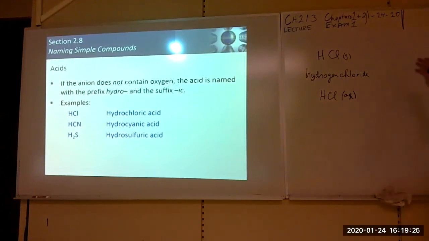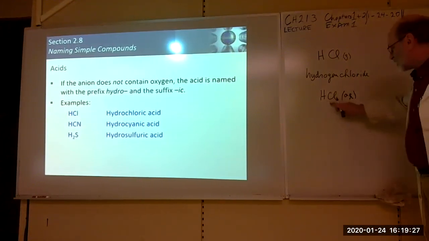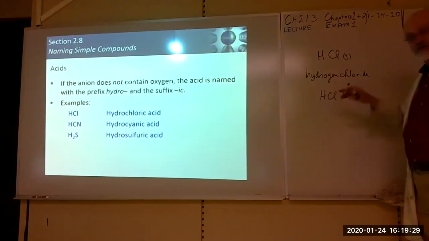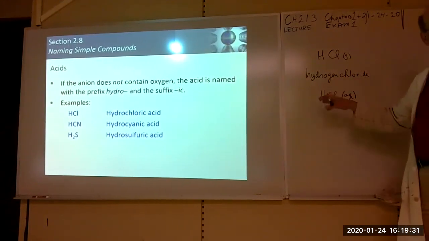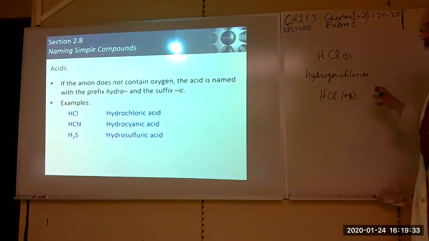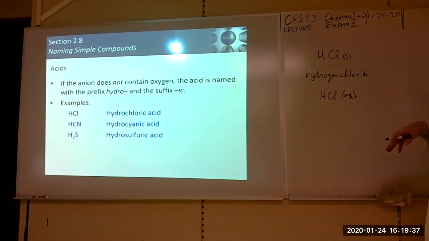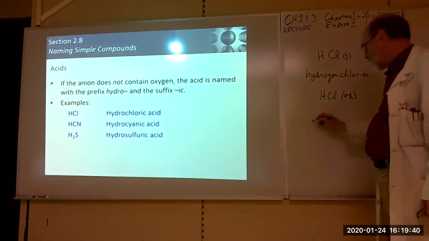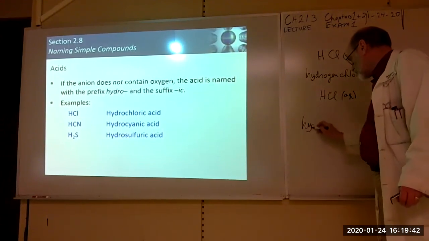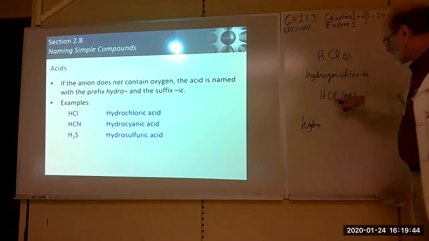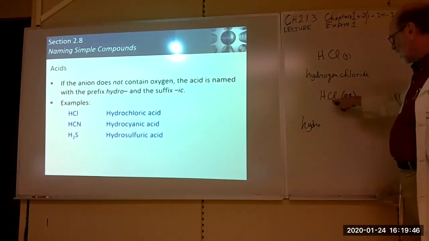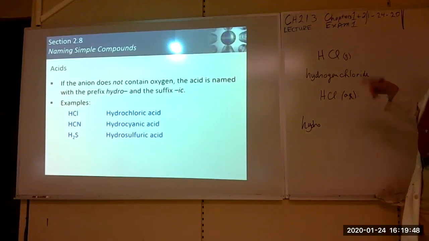So if you have this part of the molecule attached to a hydrogen, and there's no oxygen, then you start the name with hydro. Always. If there's no oxygen, you say hydro. Then you take the element name and change the ending to ic.